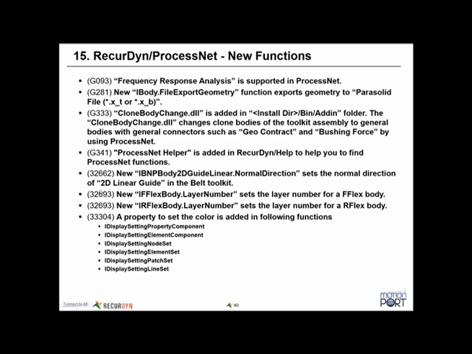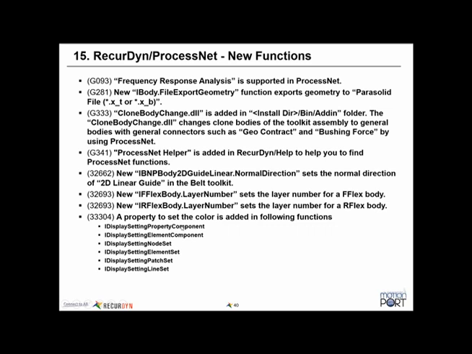So this is just an added capability for that. You can also set layer numbers for full flex and RFlex bodies with ProcessNet, and then new capabilities to set colors and different things related mainly to full flex bodies, so colors of node sets, element sets, patch sets, line sets. And then different property, property component, element component.